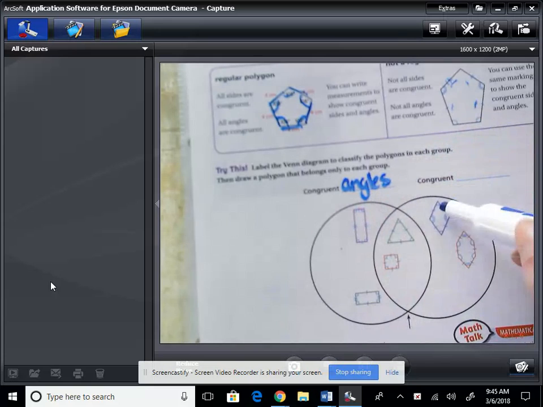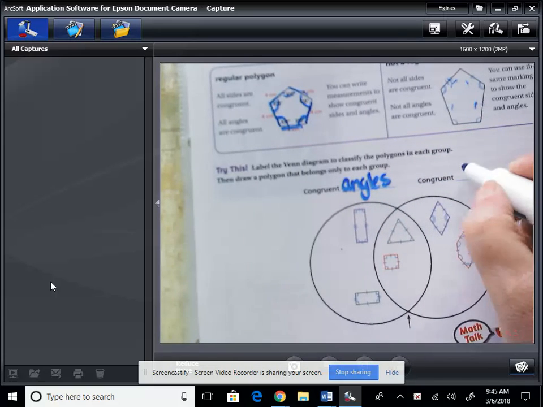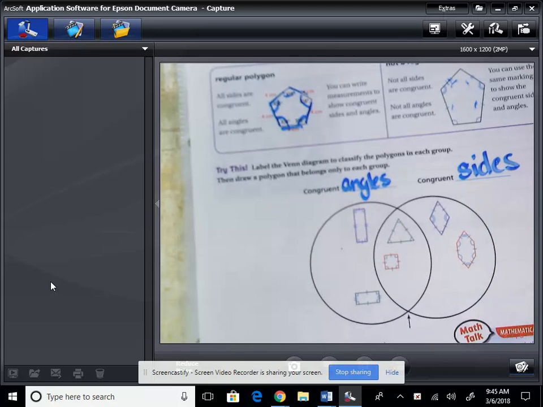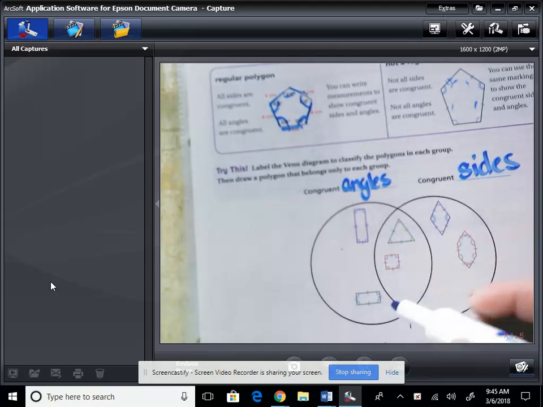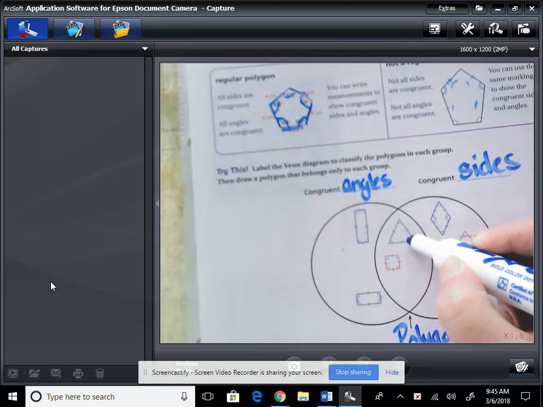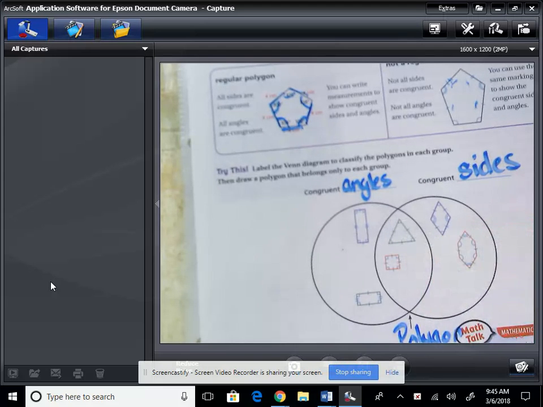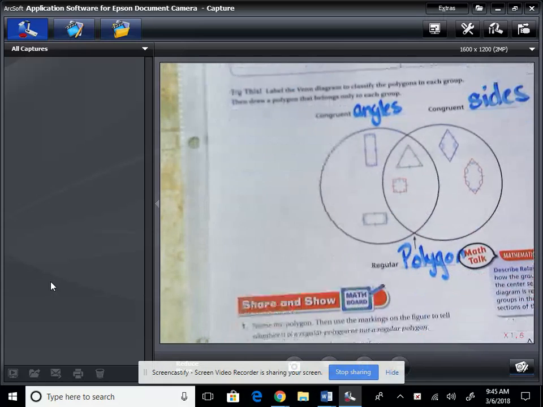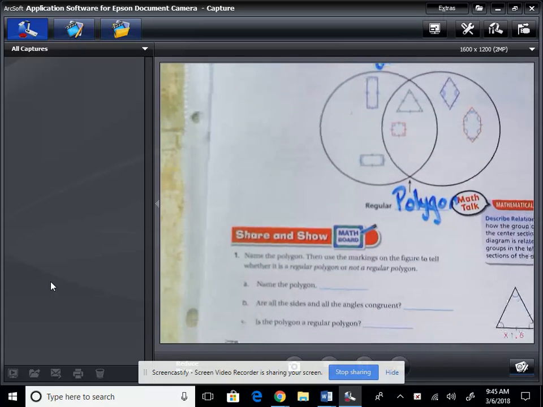Over here, if I look, they all have 1 line. So in this box, all the sides are congruent. And in the middle, they are a regular polygon because all the sides are congruent and all the angles are congruent. All right.